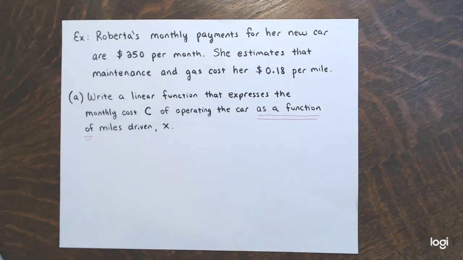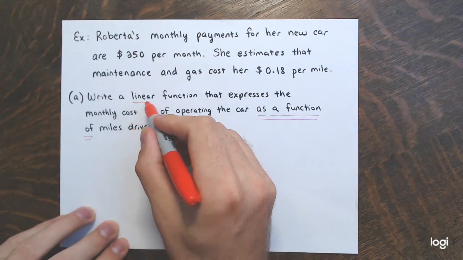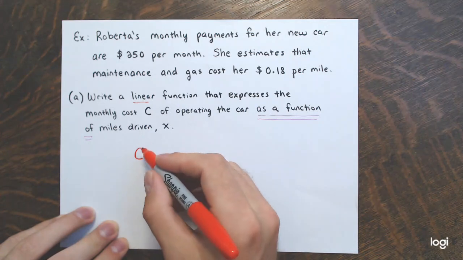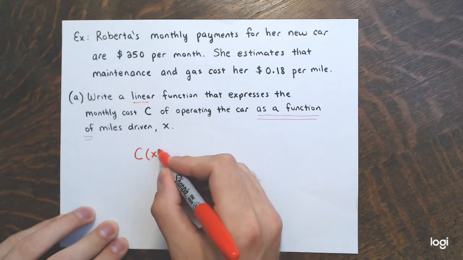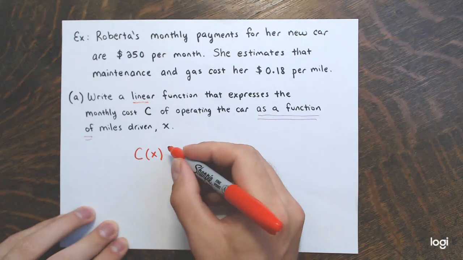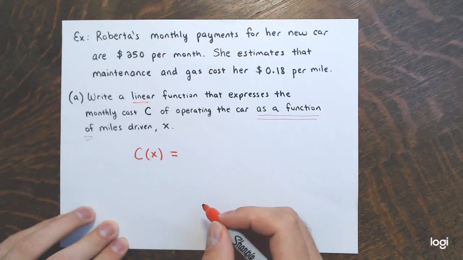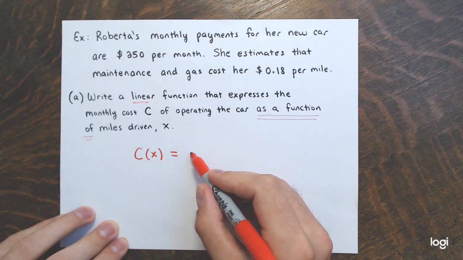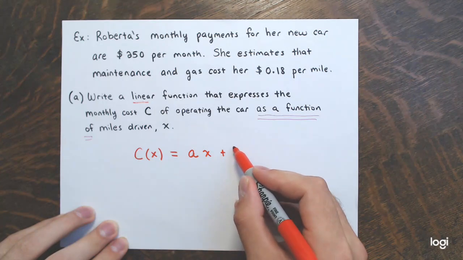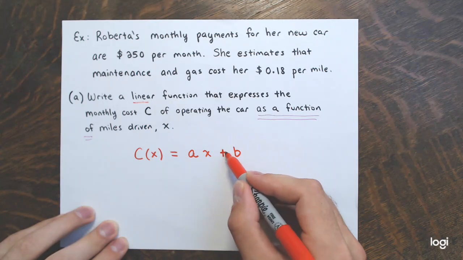So they told me to write a linear function. I know what those look like. So I'm going to have C, the cost of driving x miles, right? C of x. So this is now the cost of driving x miles, and it will be equal to some slope called a or m times x, and then plus some fixed cost b.